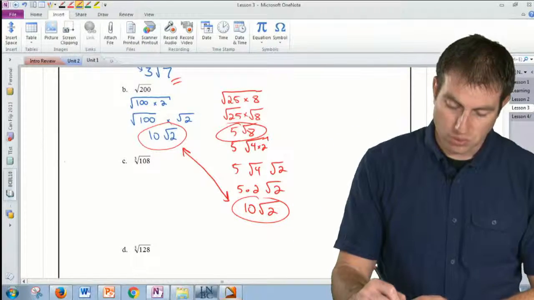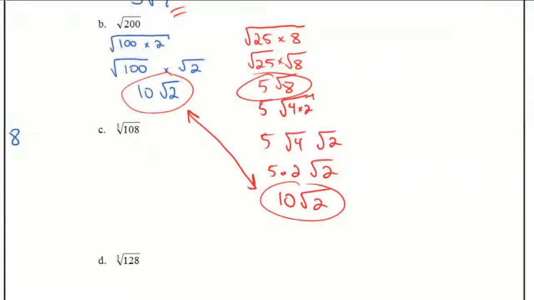If I go 2 cubed, I get 8. 3 cubed is 27. 4 cubed is 64. And 5 cubed is 125. So those are my perfect cubes. I need to figure out if any of those go into 108.